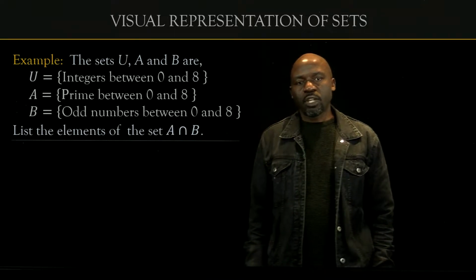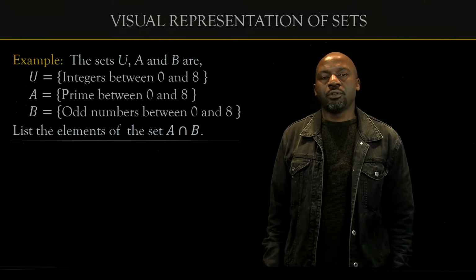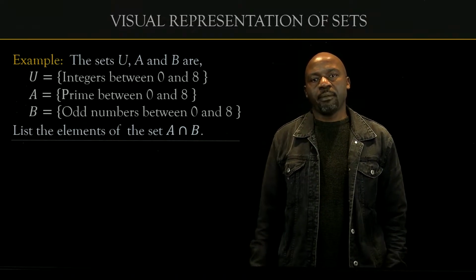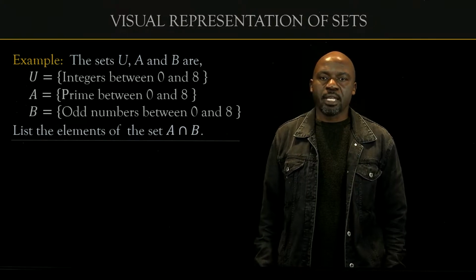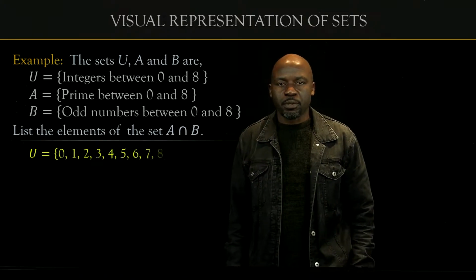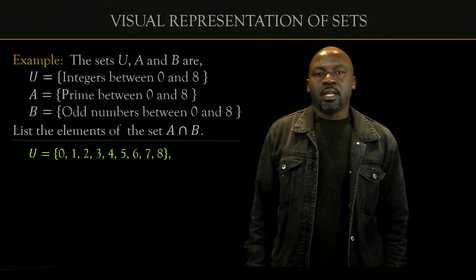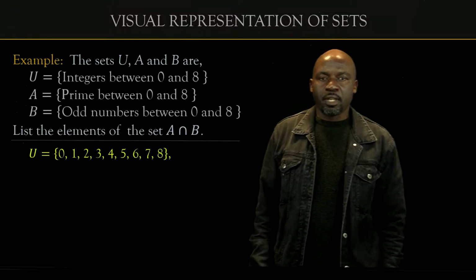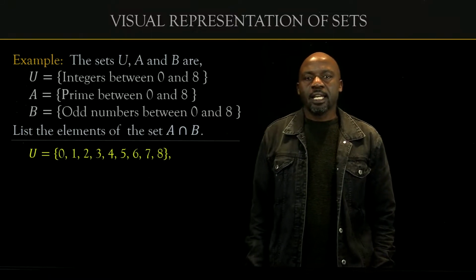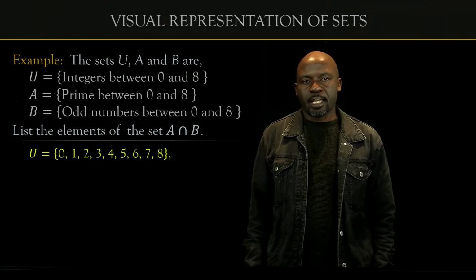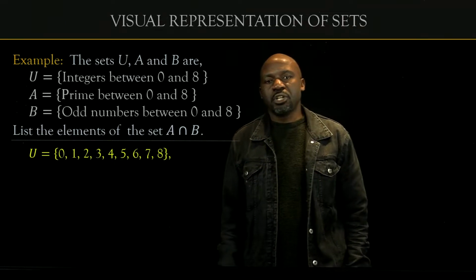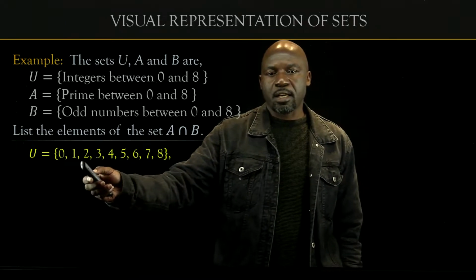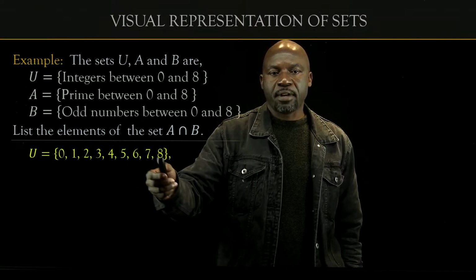To answer that question, the first thing we want to do, of course, is to list all the elements of U, A, and B. The set U is given there: 0, 1, 2, 3, 4, 5, 6, 7, and 8. The set of prime numbers, that is set A, must contain only prime numbers. Here are 2, 3, 5, and 7.